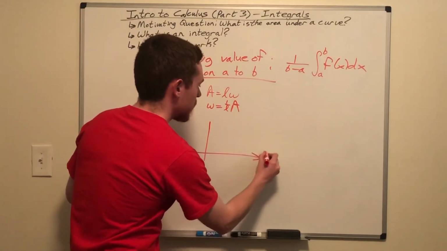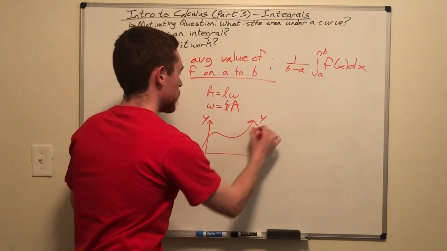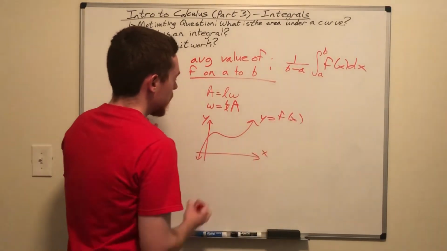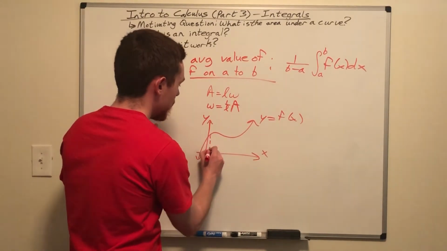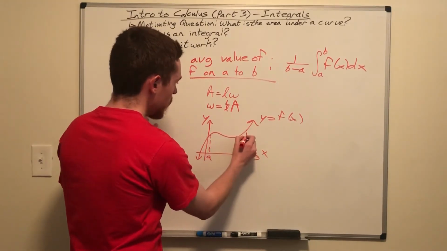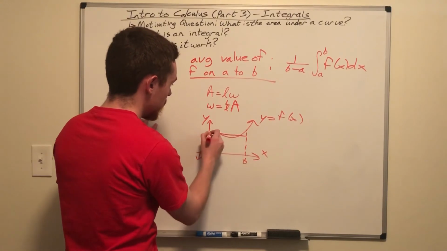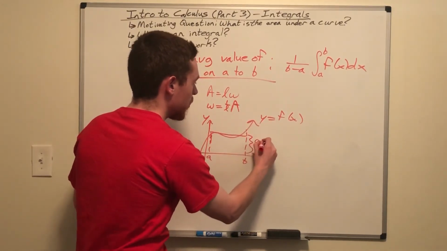Because let's get a picture going here of our favorite function, y equals f of x. So if I look at the average value from here to here, my average value might be something like this. That's probably not my average value, but close enough for government work.